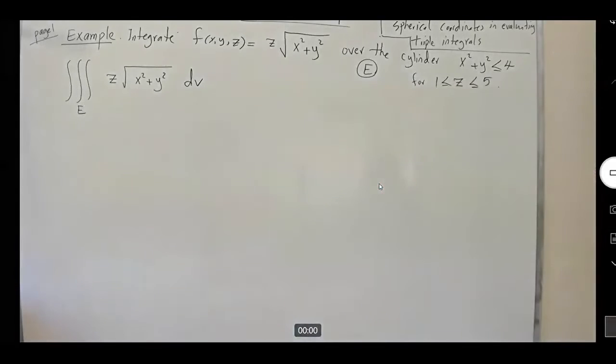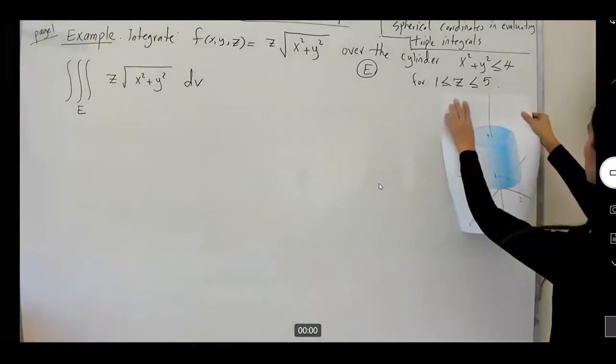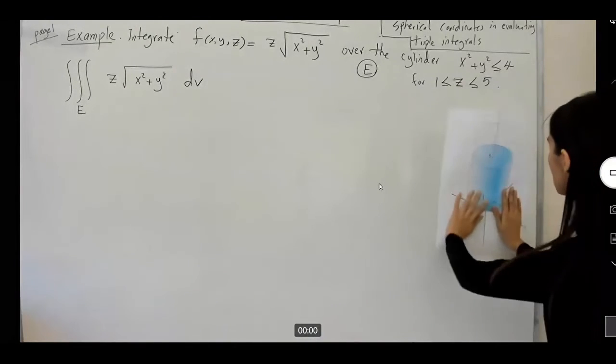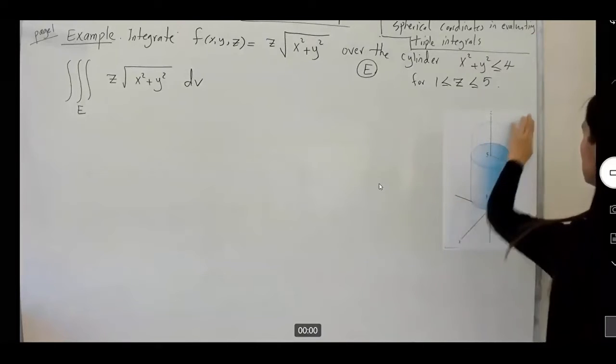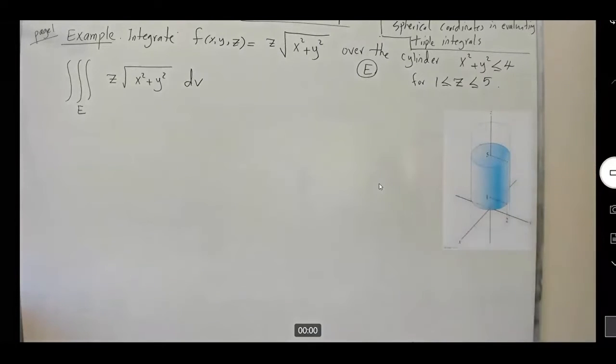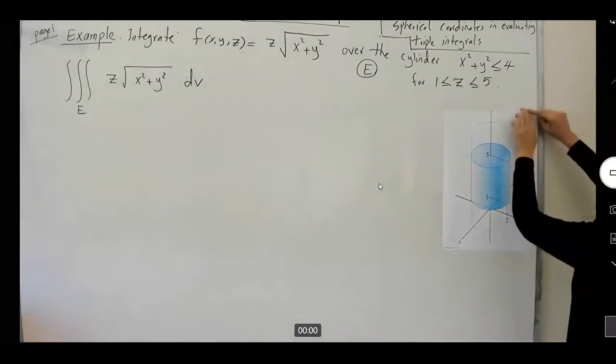Okay, let us just use this better visualization here. Skip this one a little bit. And there's that.